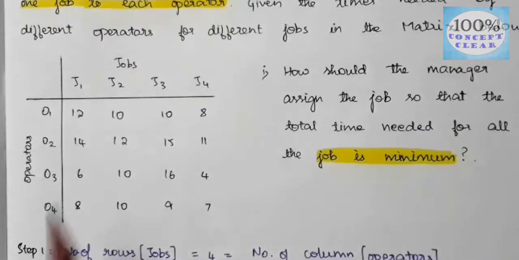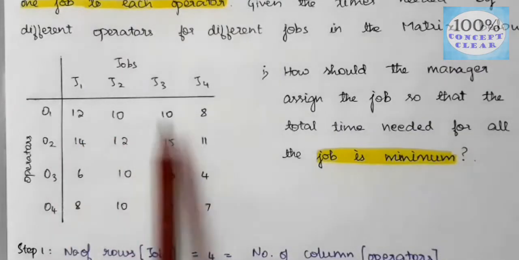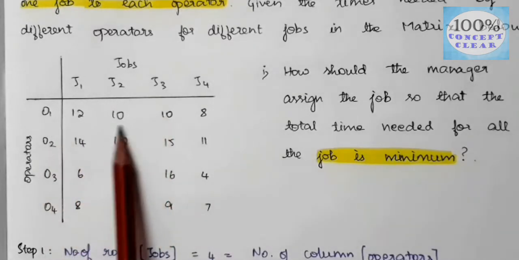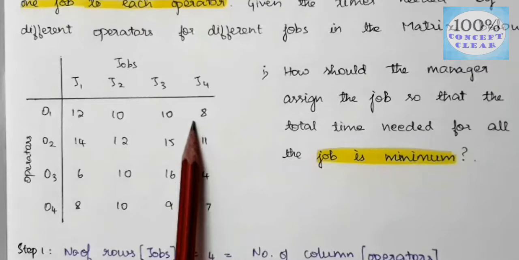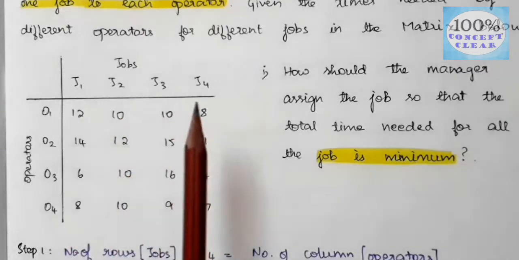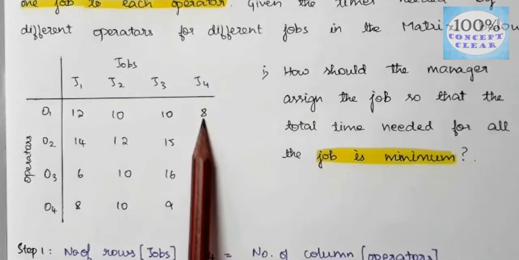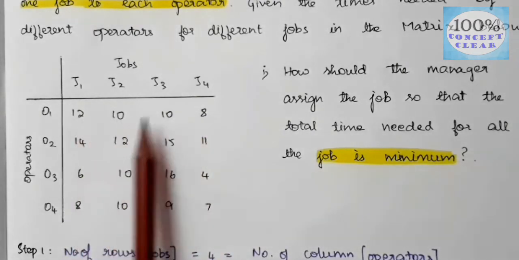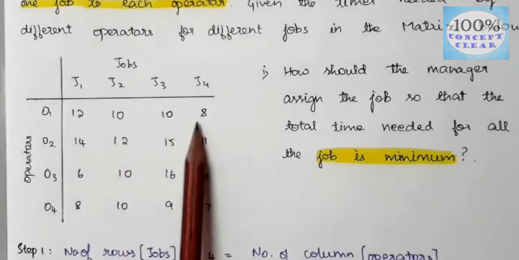In step 2, we have to find the least value in each row. Since it is a minimum cost sum, we are taking the least value, or if it is a maximum profit sum, we will take a maximum number. It is a minimum sum, so we are taking the least value. Check in the first row, 12, 10, 10, 8. 8 is a minimum value.